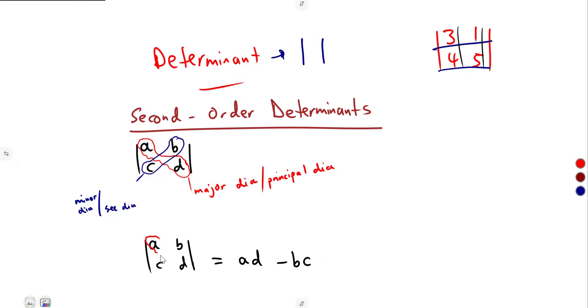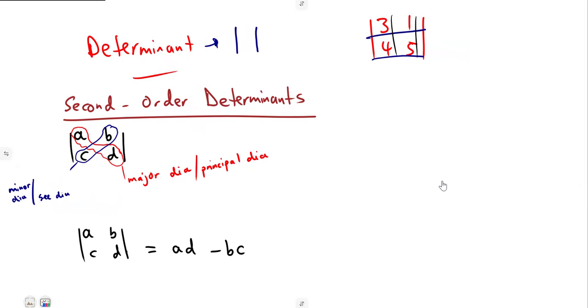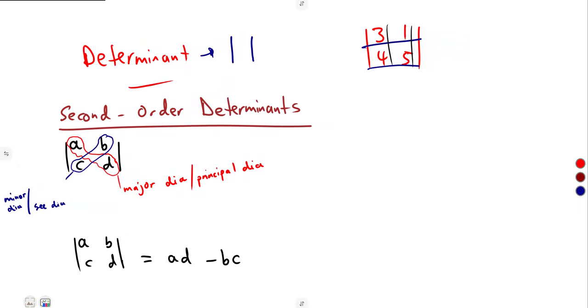You multiply A by D minus B by C. From there, you have your determinant. You're done. Simple like that. Mathematics, as we know, is a procedure to follow. Once you follow this, you're done.